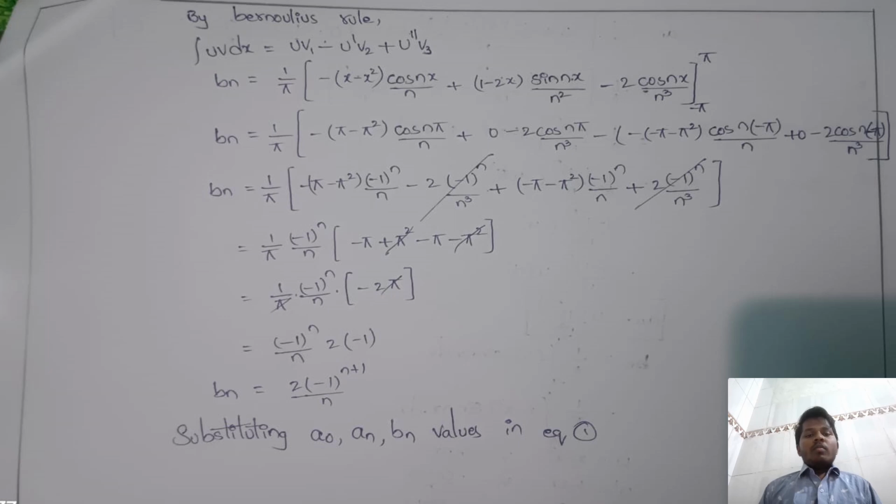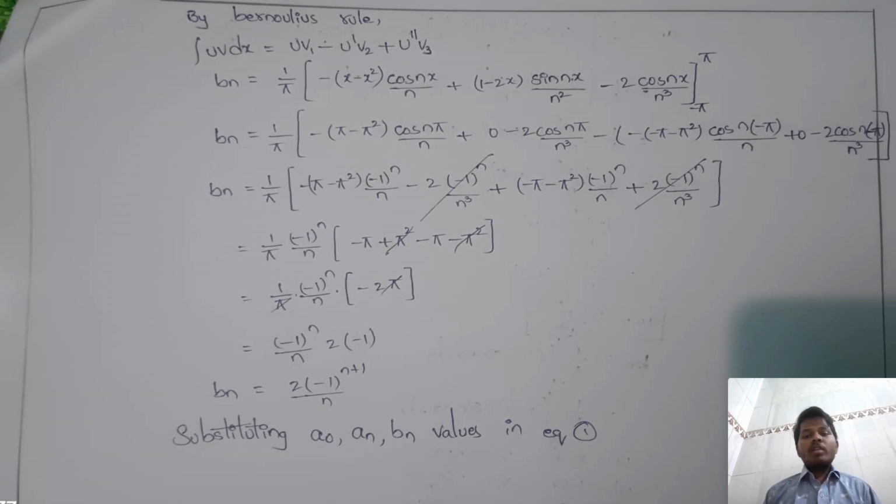So the bn value is equal to 1 by pi into minus of pi minus pi square minus 1 whole power n by n minus 2 minus 1 whole power n by n cube plus minus pi square into minus 1 whole power n by n plus 2 into minus 1 whole power n by n cube.